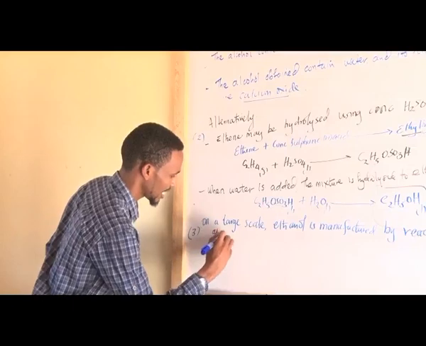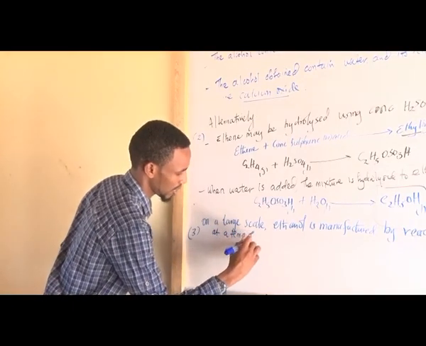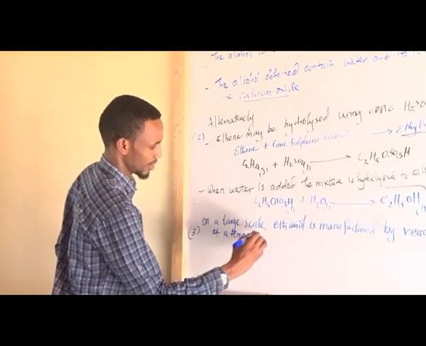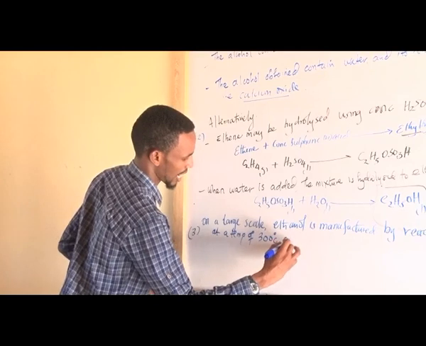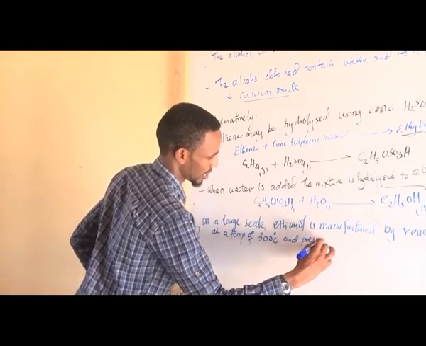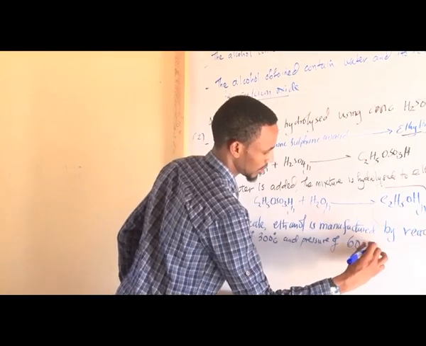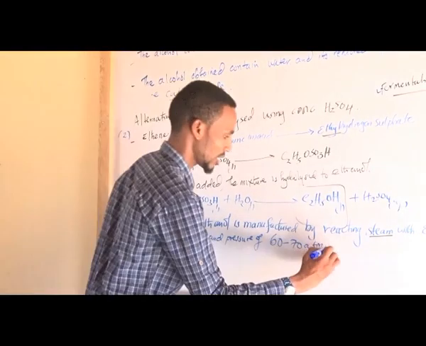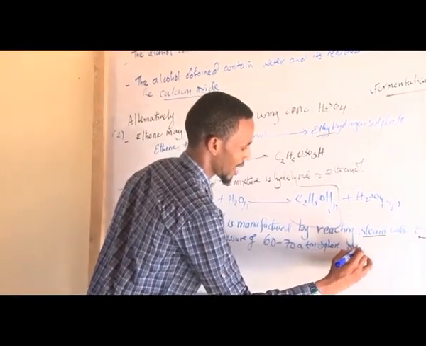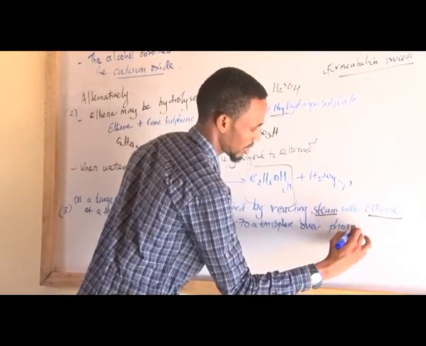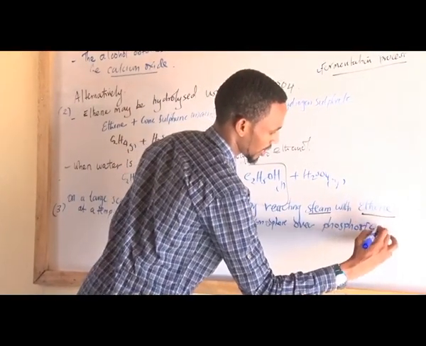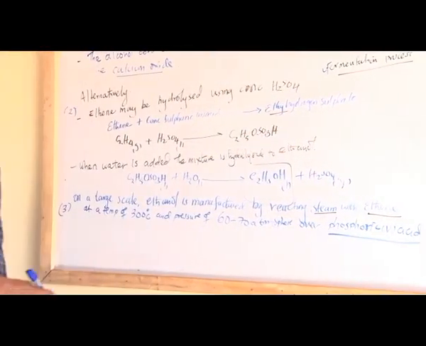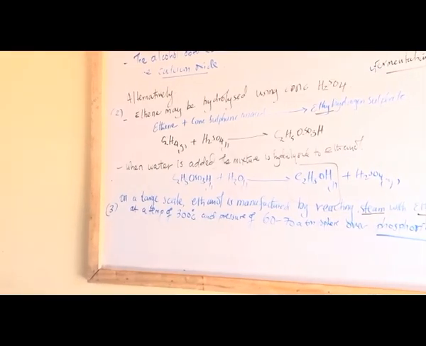At a temperature of 300 degrees Celsius and a pressure of 60 to 70 atmospheres, over phosphoric(V) acid.